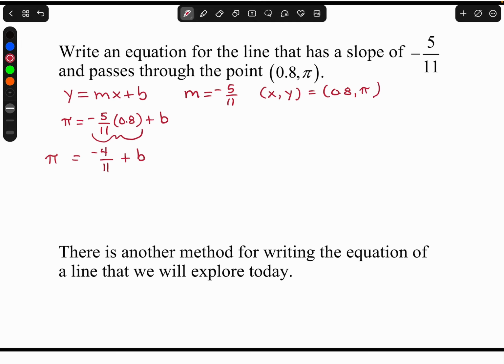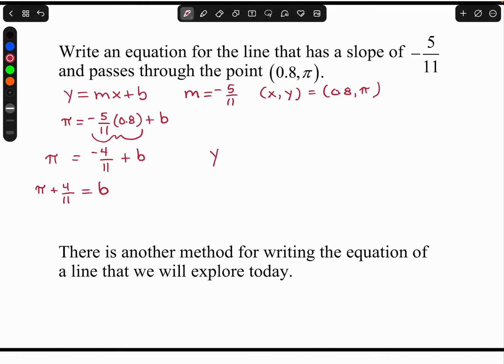And we don't have a need to turn this into 3.14 or anything like that. We're just going to keep it in its exact form, which is pi. We'll isolate our b by adding 4/11 to each side. So we get this expression, pi plus 4/11 is equal to our y-intercept. That's the value of it.